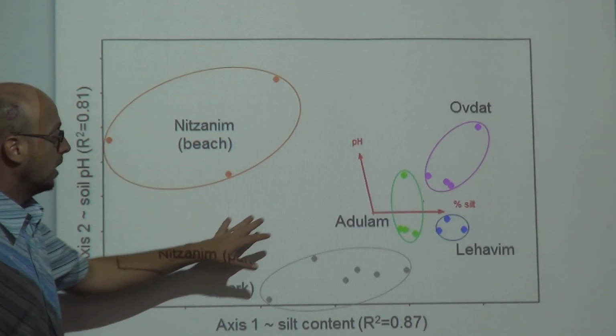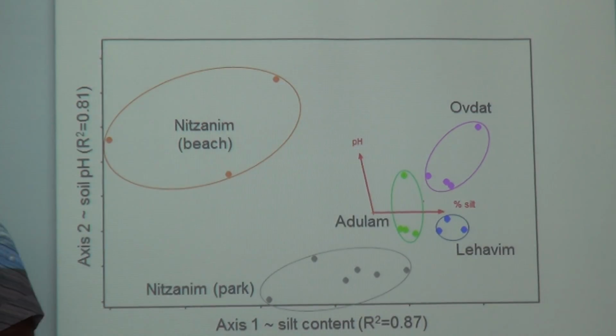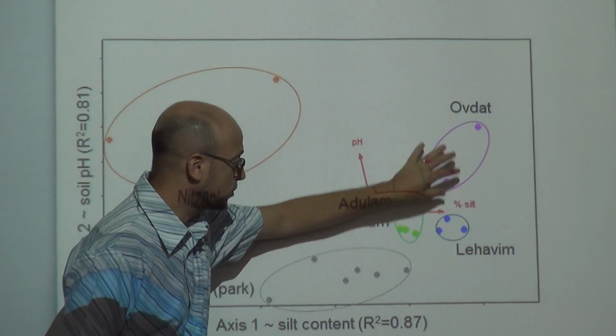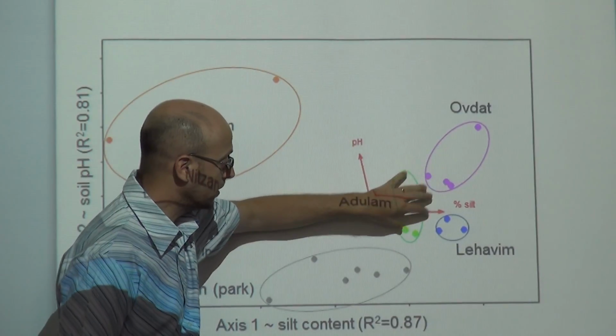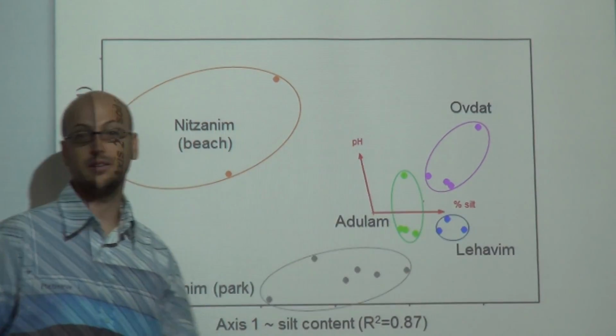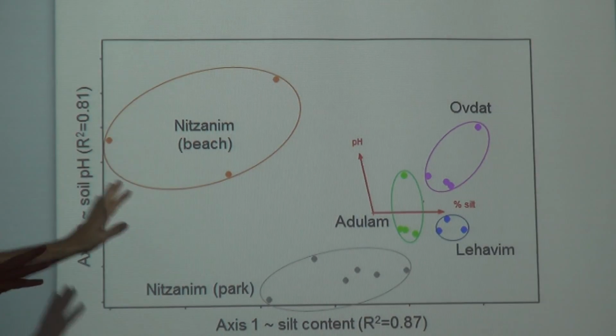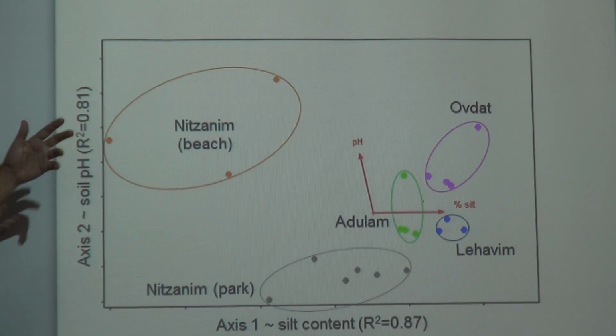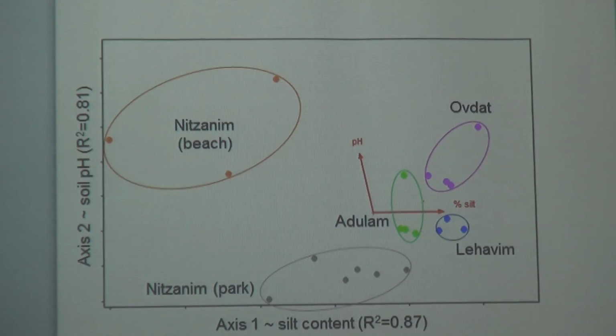And we ran the ANOSIM test to tell us whether these groups are significantly different from each other. This is how we published. Well, not exactly like this, but similar to this. And this is how most people would do it.